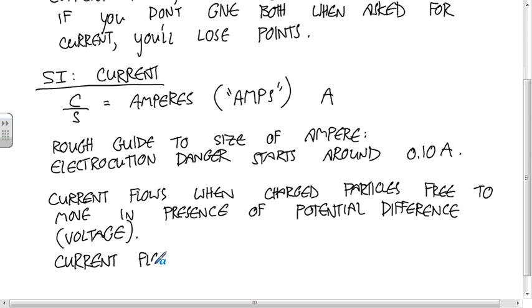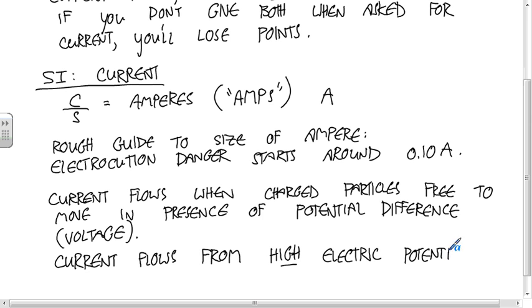Current always flows from a high electric potential to a low electric potential.